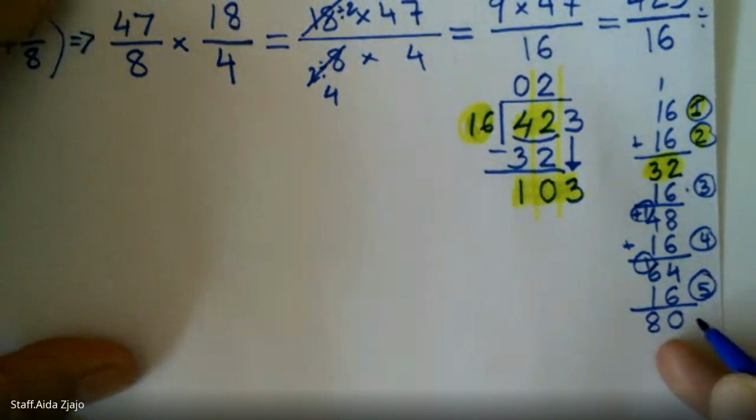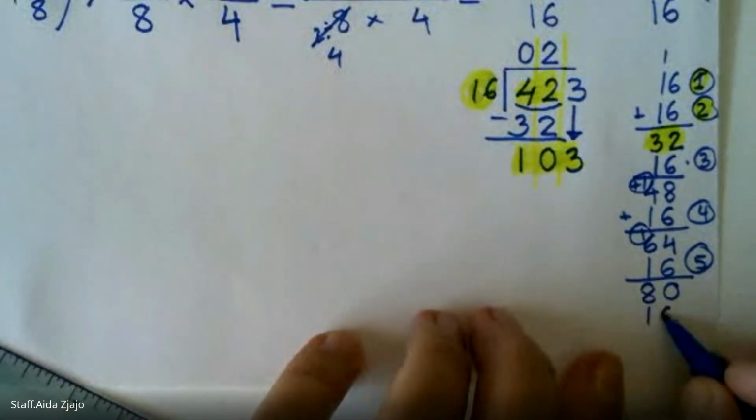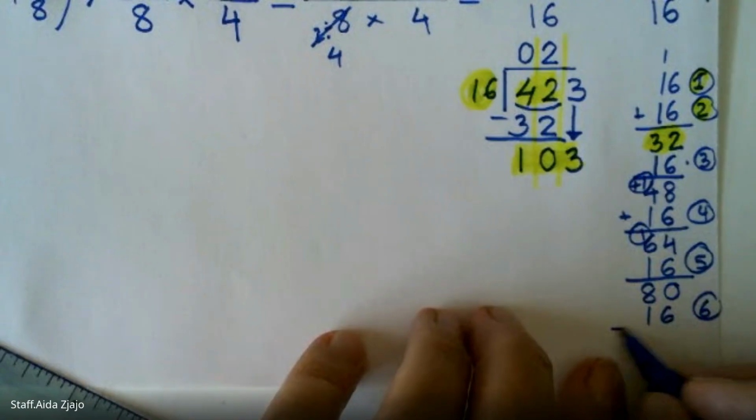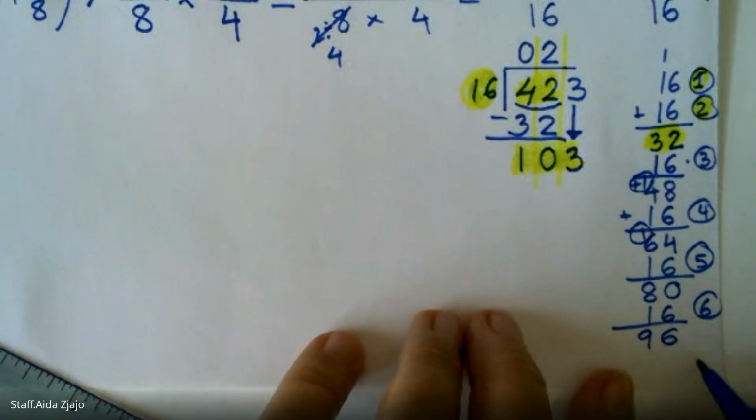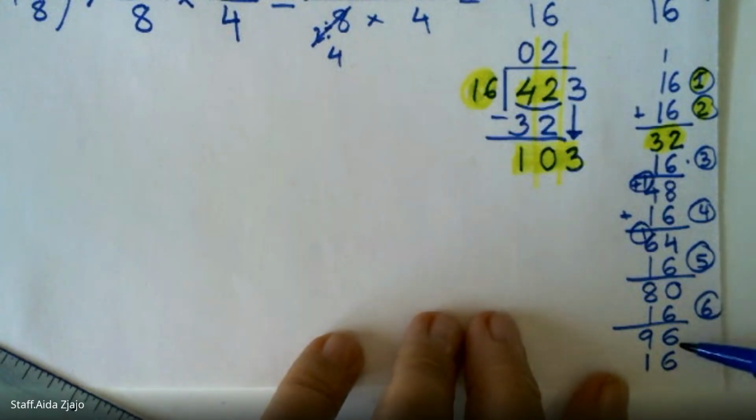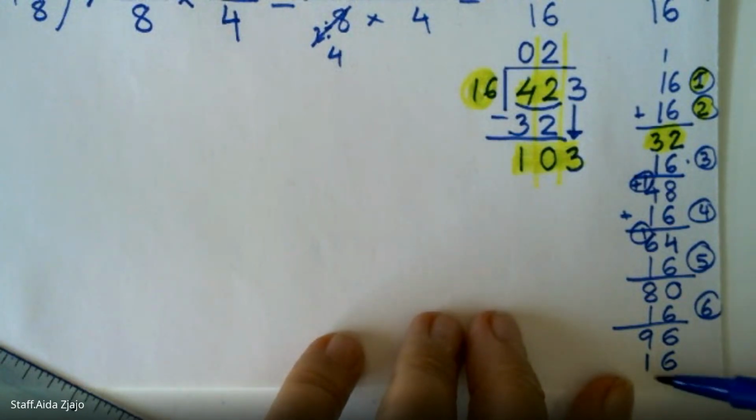Okay, now if I add 1 more, that would be 96. And if I add 1 more, that will be too much, because I will have 12, I will have 112.